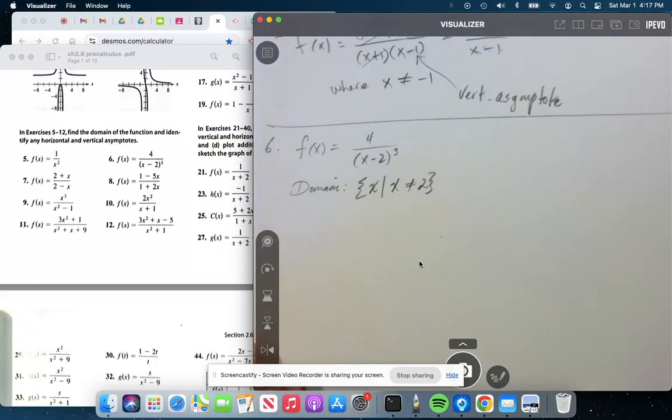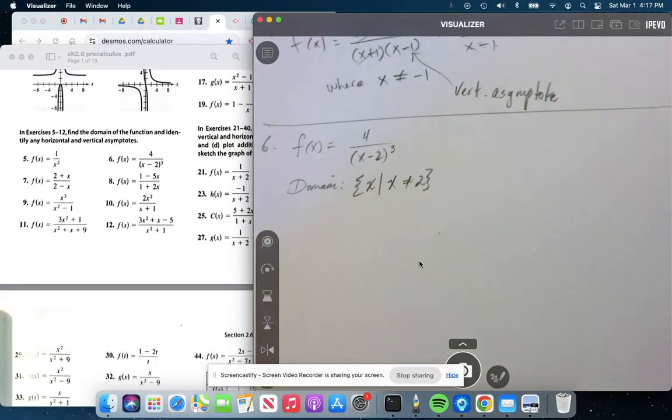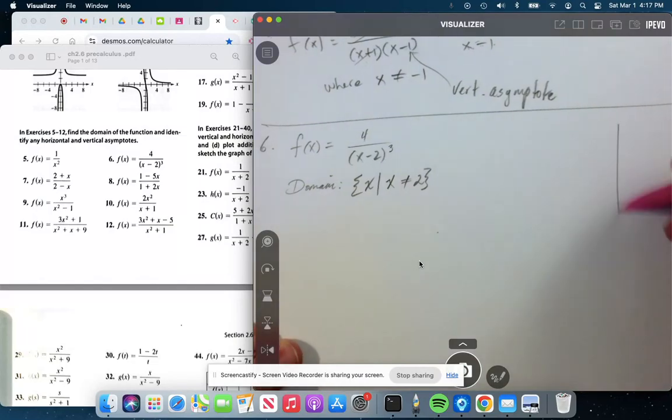Now, since 2 is not allowed, and it's because it makes the bottom 0, then if I were to draw a graph, I know that over here at 2, I'm going to have an asymptote, a vertical asymptote, right? Because x can't be 2, but it can get infinitely close to 2.